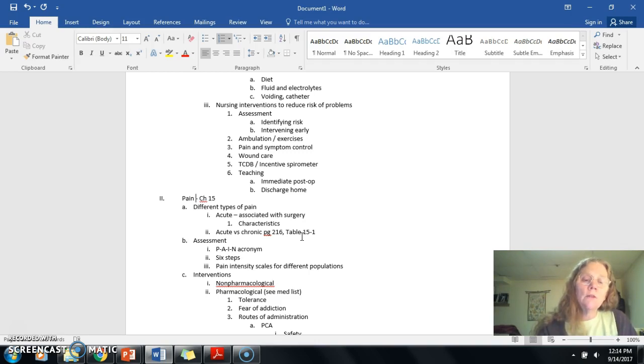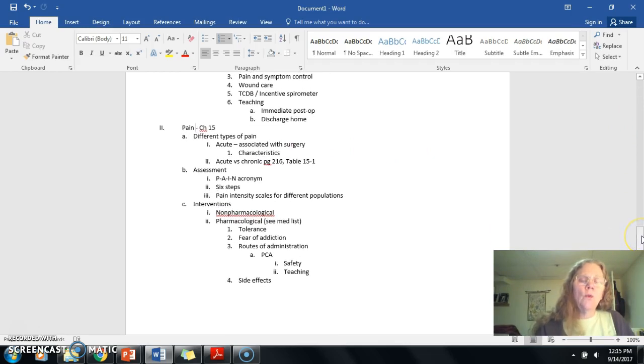It also talks about different pain intensity scales. We are used to the 0 through 10 scale, which is useful for most people, but for children or for people who are nonverbal, there are different scales that can be used to assess pain. So it's important to know about them.